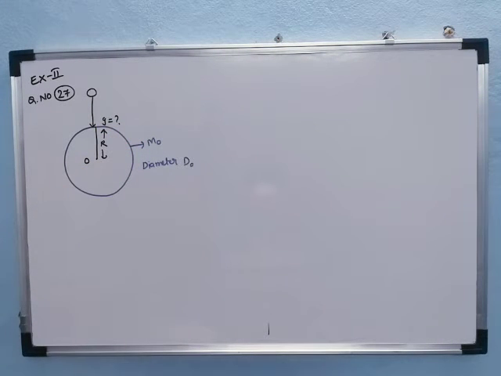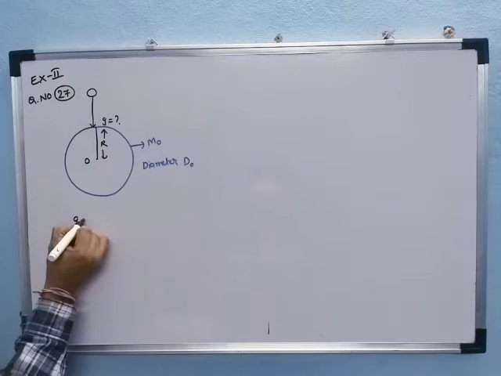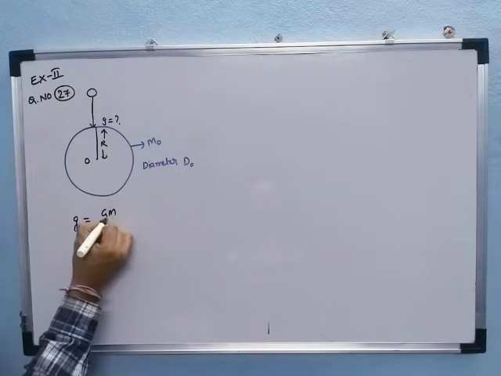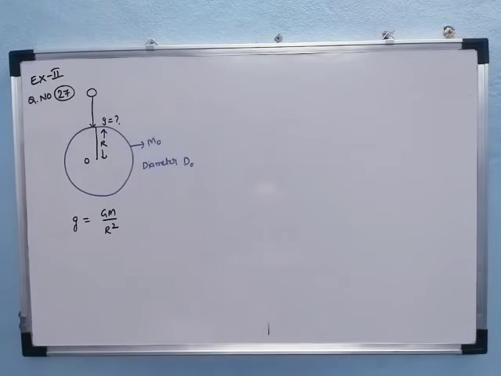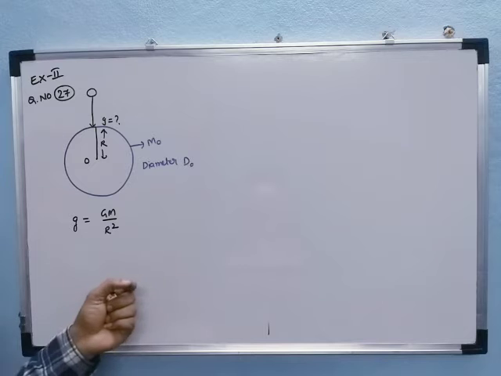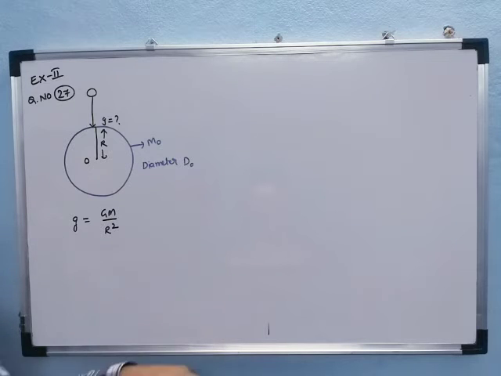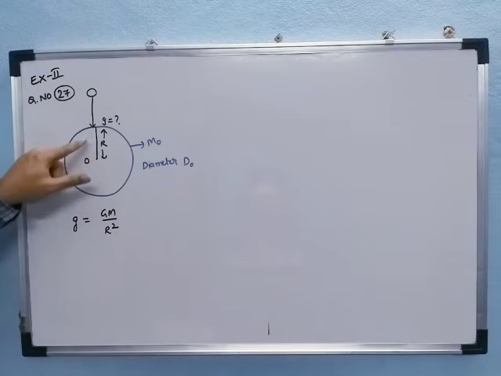So what is the formula for the acceleration due to gravity? The acceleration due to gravity g is equal to Gm by R square. R is nothing but the distance between the two particles, which is here the radius.